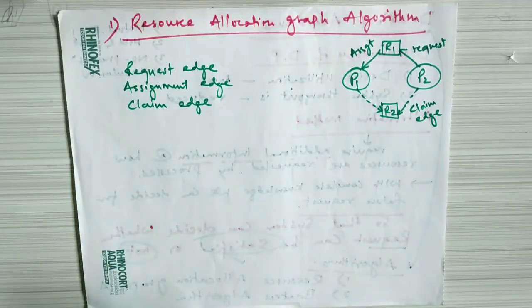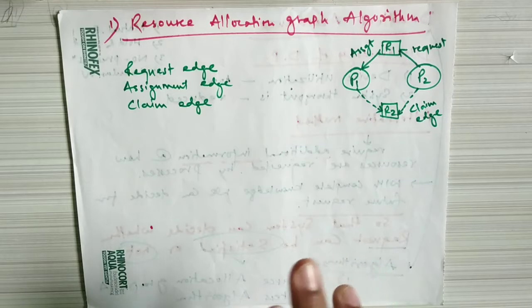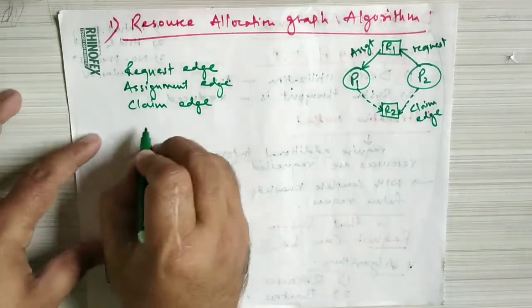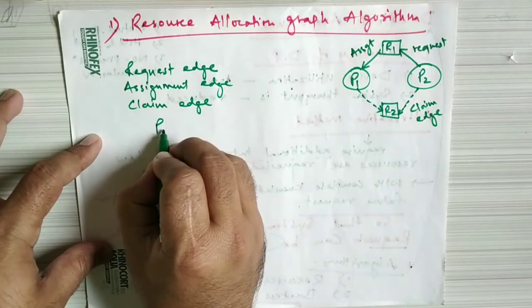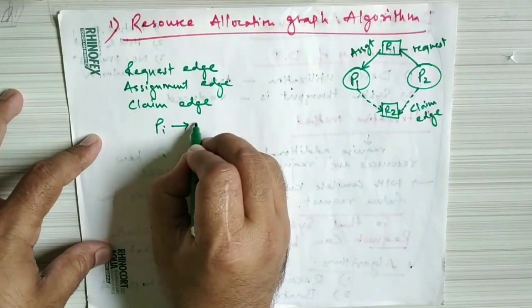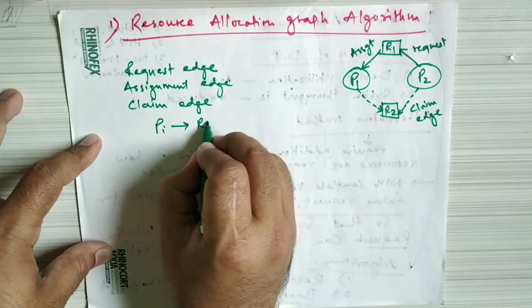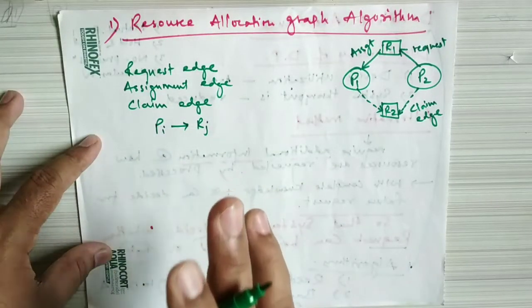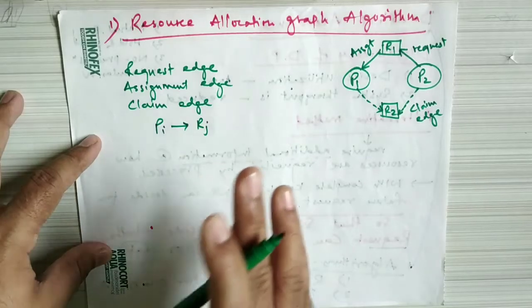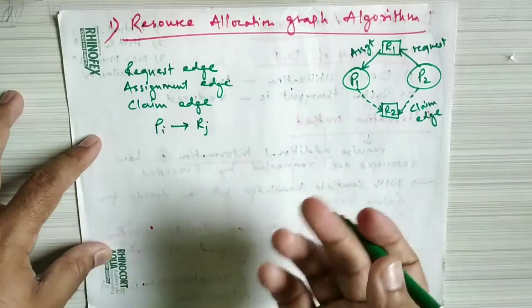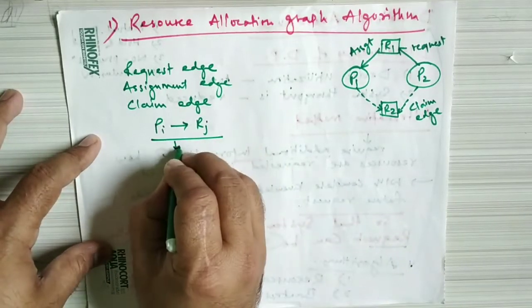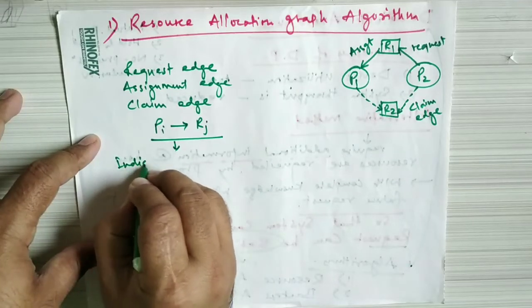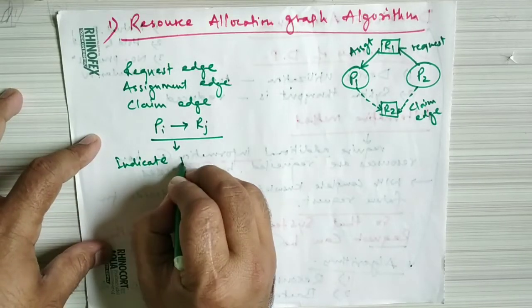For example, the claim edge: if a process Pi has a claim edge to Rj, it indicates that process Pi may request resource Rj at some time in the future.